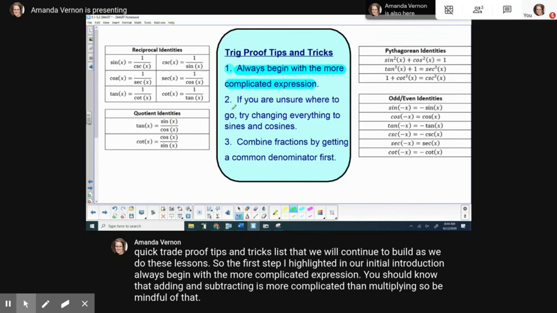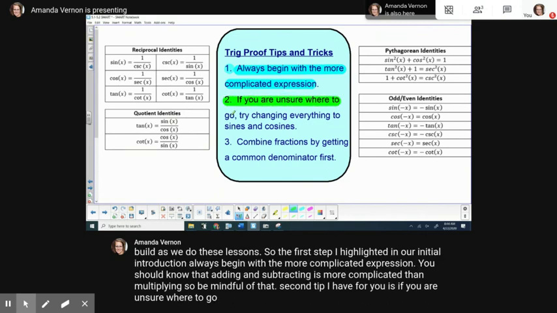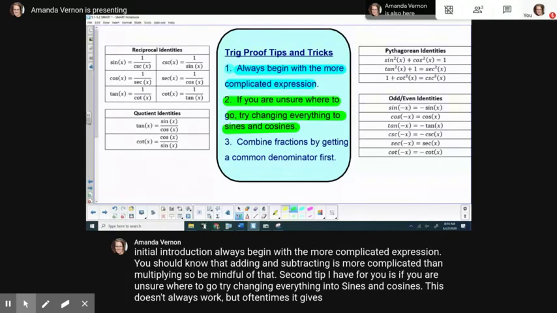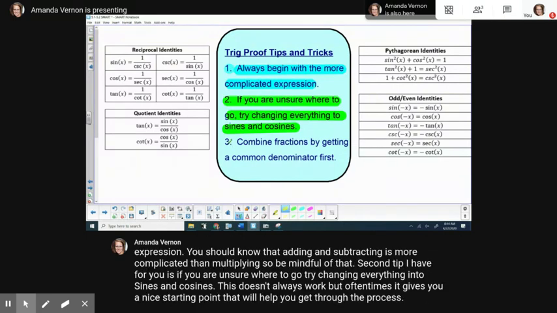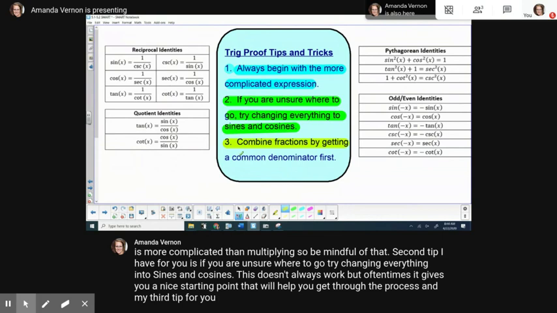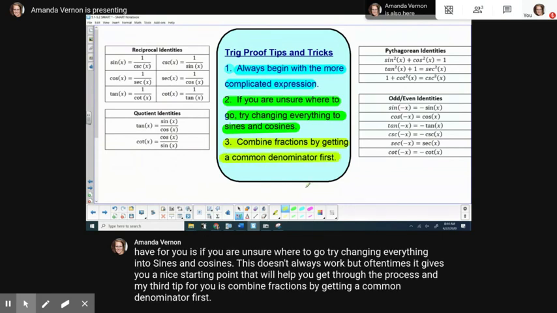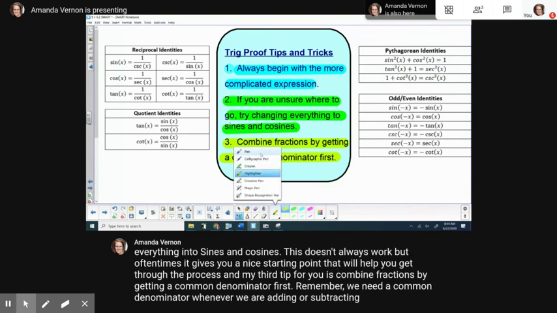Second tip: if you are unsure where to go, try changing everything into sines and cosines. This doesn't always work, but oftentimes it gives you a nice starting point that will help you get through the process. My third tip is combine fractions by getting a common denominator first. Remember, we need a common denominator whenever we are adding or subtracting fractions.